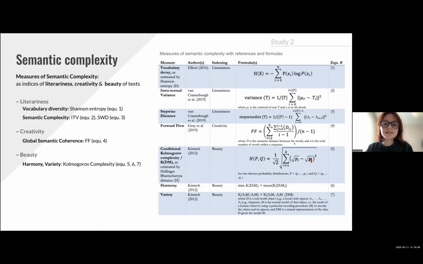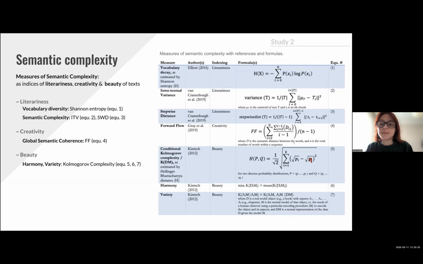In contrast, creativity is represented by forward flow, which looks at global semantic fluidity by calculating the average semantic distance of each word from all its preceding words, offering a broader perspective than ITV and SWD. For narrational beauty, they use the Kintz model that applies Kolmogorov complexity to evaluate harmony and variety.